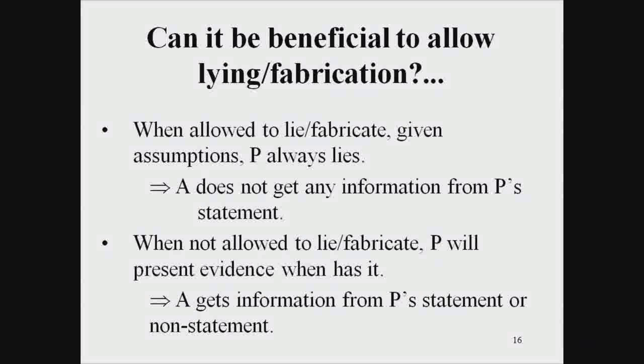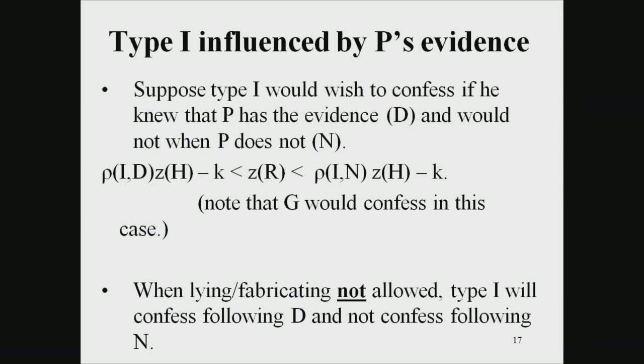By the accused thinking, well, if police can lie and they want me convicted, they're always going to lie to me, given the assumptions of the model. Okay, so we're going to start by thinking about the innocent accused, right? And we're just thinking about the case where the punishments and the probabilities are such that the innocent accused is saying, I'm concerned whether police have this evidence, right?